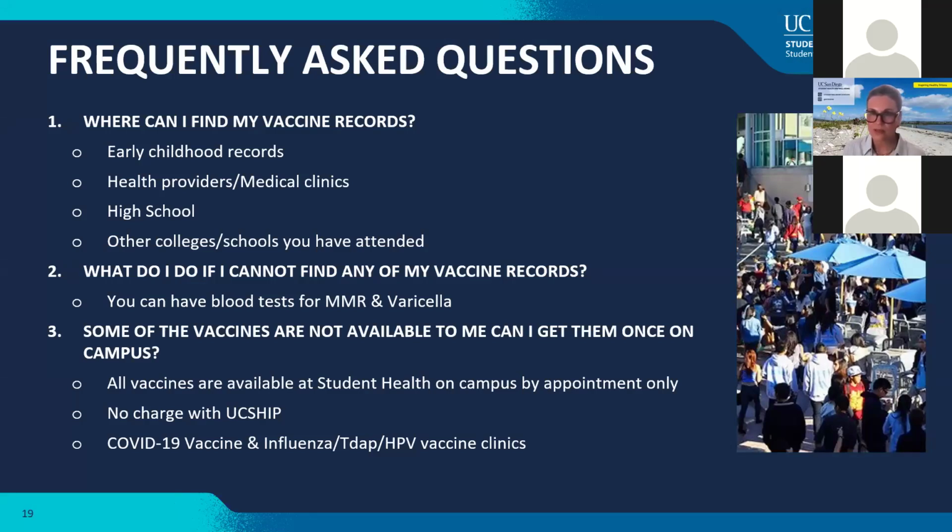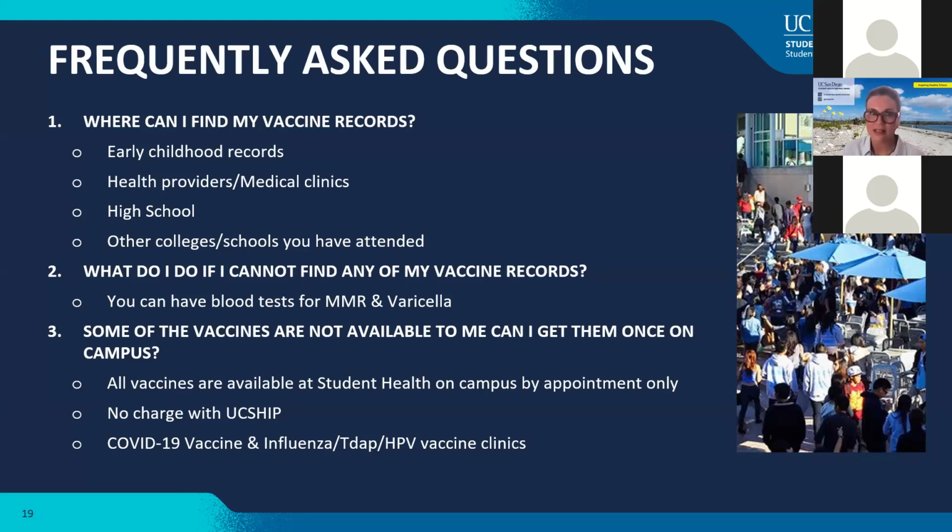So now I just want to cover a few frequently asked questions. We often get questions about where can I find my vaccine records. The types of places to check are your existing healthcare providers, your electronic medical record, past schools, your high school, early childhood records. Those are all the types of places, and mum and dad are often the best source of knowing where you might locate those.